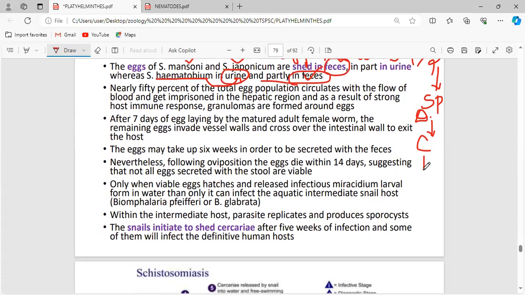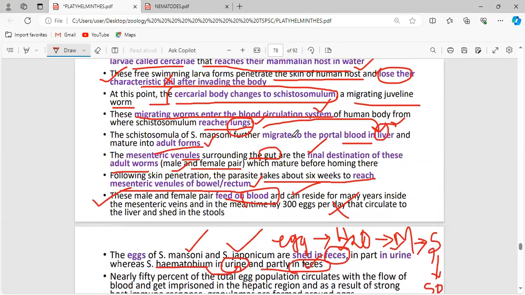This cercaria will be released again into the water. The cercaria is the infective stage, and it has a bifurcated tail. Via this tail, it is going to reach the human. Once it reaches the human, it loses its tail, and further happenings take place.